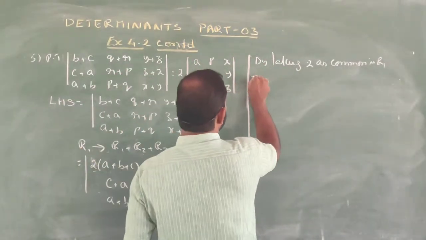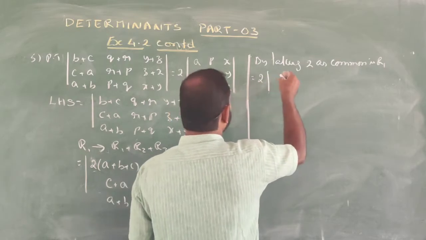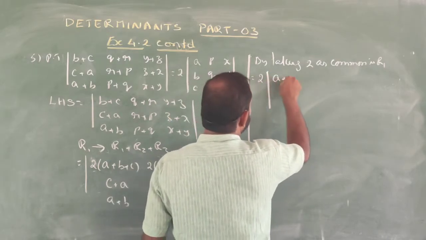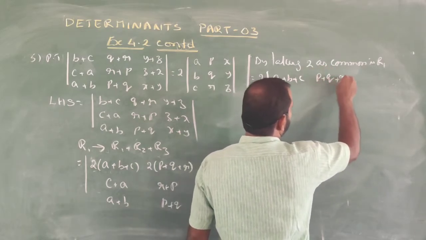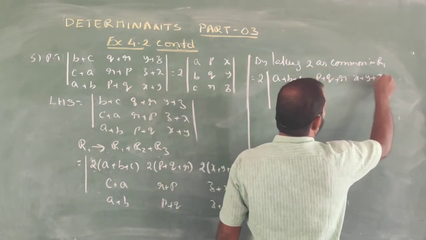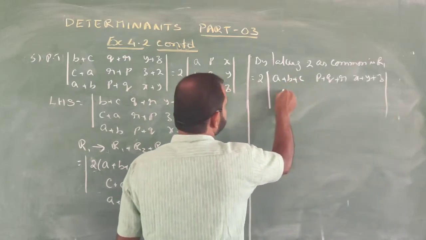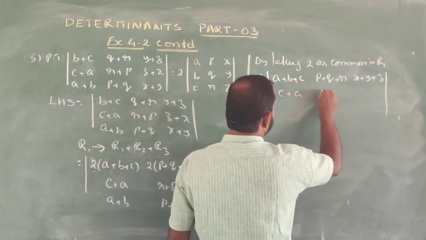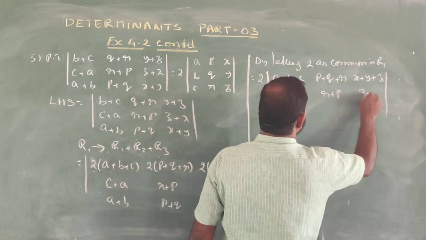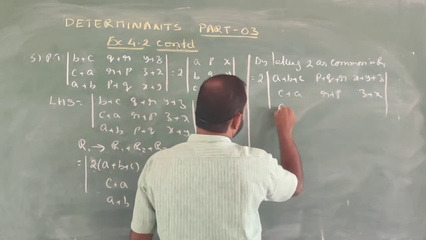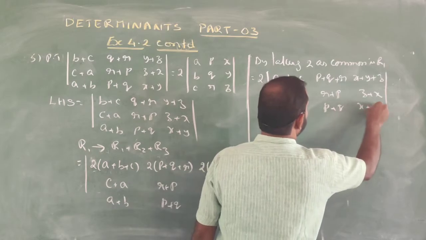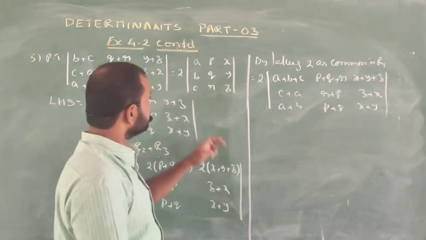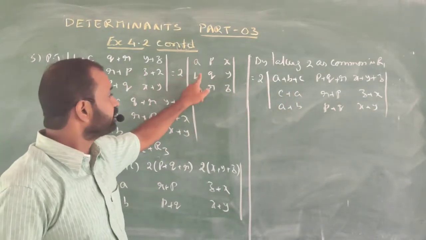So that is equal to twice of the determinant a plus b plus c, p plus q plus r, x plus y plus z, c plus a, r plus b, z plus x, a plus b, p plus q, x plus y.